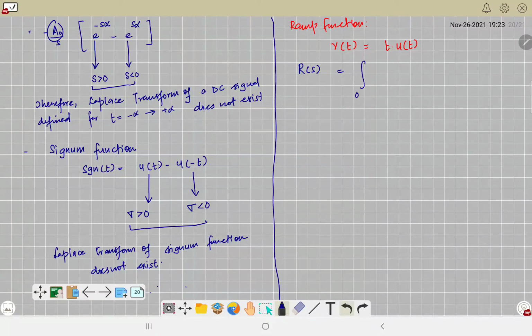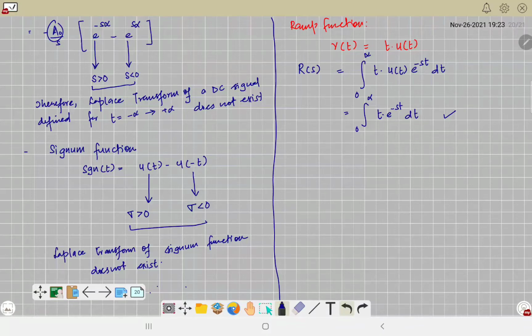Since u of t is there, we will have limits from 0 to infinity of t into u of t e raised power minus st dt. Now if you try to solve this integral, it will be slightly difficult because it involves multiplication of two functions, t and e raised power minus st. So you'll have to use the uv rule.